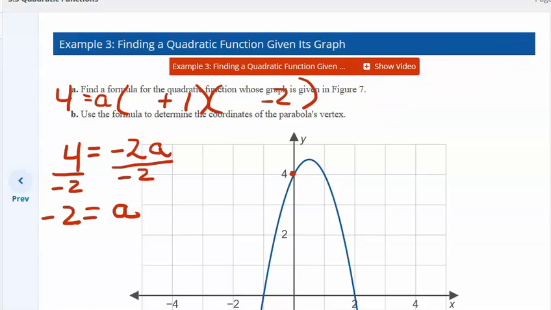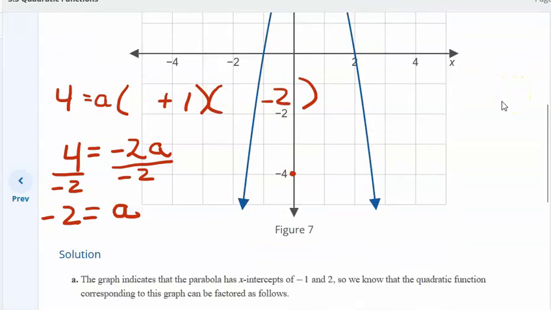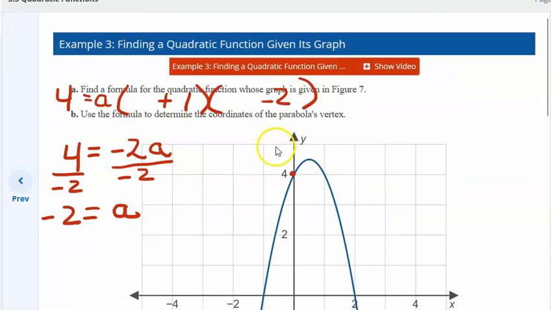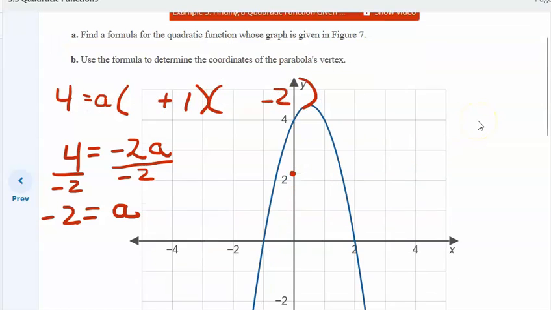So let's look at what the book has too here. That'll save us a little time. So there we've gotten our value for a is negative 2. They're just now going to put, again, negative 2, and then keeping in mind this is an x and x, we're going to FOIL that, multiply through by a negative 2, and there we have our solution to part A of this using this particular technique.